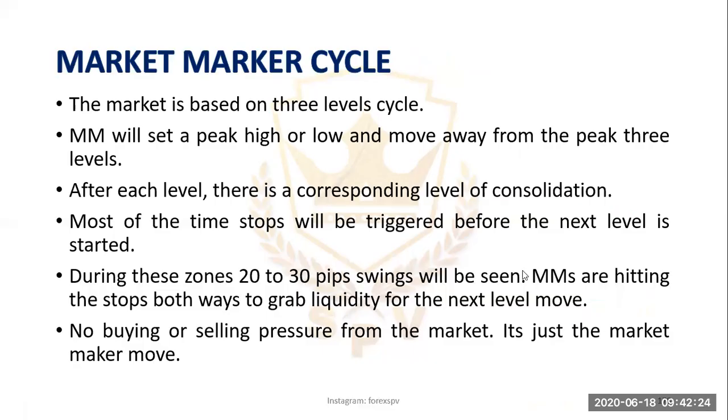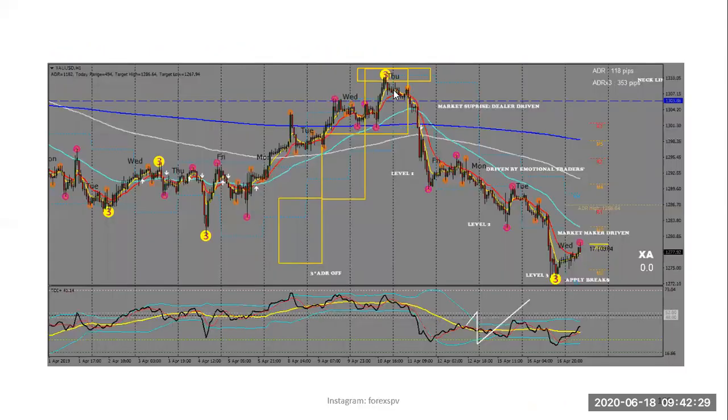And usually level one is market maker driven. It's very fast because you see the market makers have entered their sell orders there. So it's usually very fast and catches the retail traders by surprise, because they were seeing that the uptrend momentum is big, and now the market has suddenly reversed. Level two is usually driven by emotional traders.